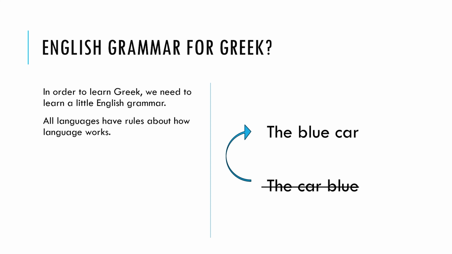And if you were to say the car blue, somebody might understand you. And if you're learning English for the first time, people would maybe let that slide and not necessarily make fun of you or anything like that. But in our language, we all know to expect that you would say something like the blue car instead of the car blue. We have rules. Languages have rules as to how they work.